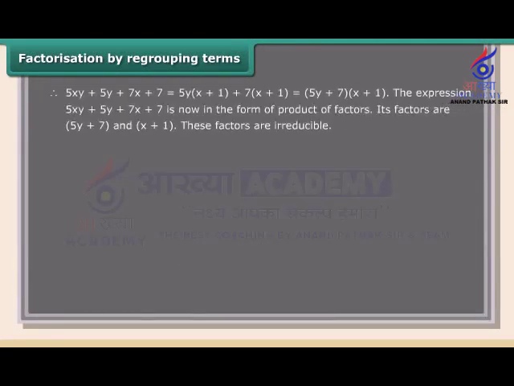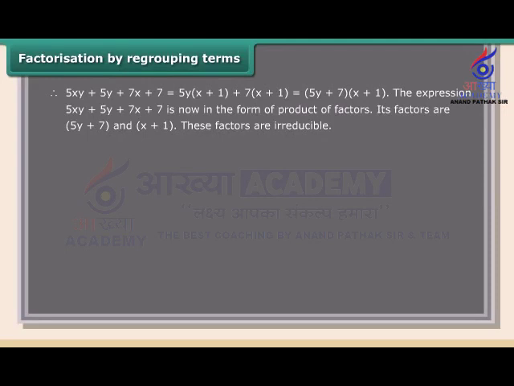The expression 5xy plus 5y plus 7x plus 7 is now in the form of product of factors. Its factors are 5y plus 7 and x plus 1.